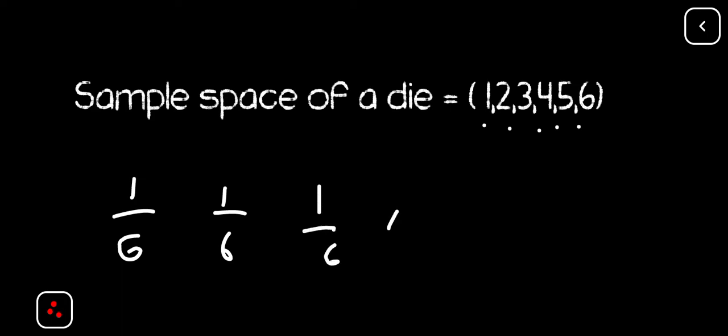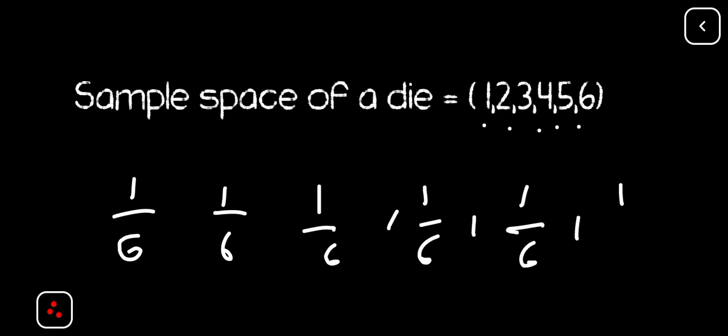In a fair die, we have a sample space of 1, 2, 3, 4, 5, 6. Now, the probability of having just 1 when you throw the fair die is 1 over 6. You already know that. The probability of having 2 is also 1 over 6. Probability of having 3 is 1 over 6. Probability of having 4 is 1 over 6. Also 5, 1 over 6.